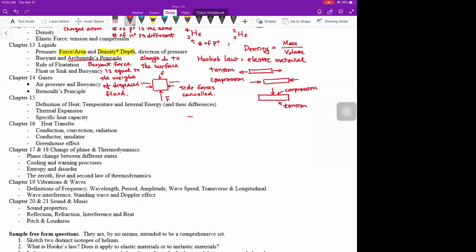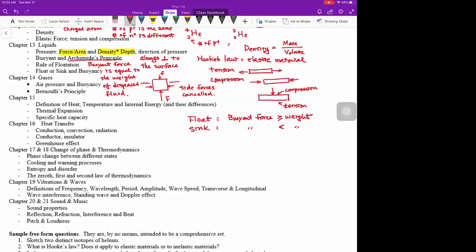When something floats, the buoyant force is larger than the weight, or equal. When it sinks, the buoyant force is less than the weight. So it's heavier, so it sinks to the bottom.